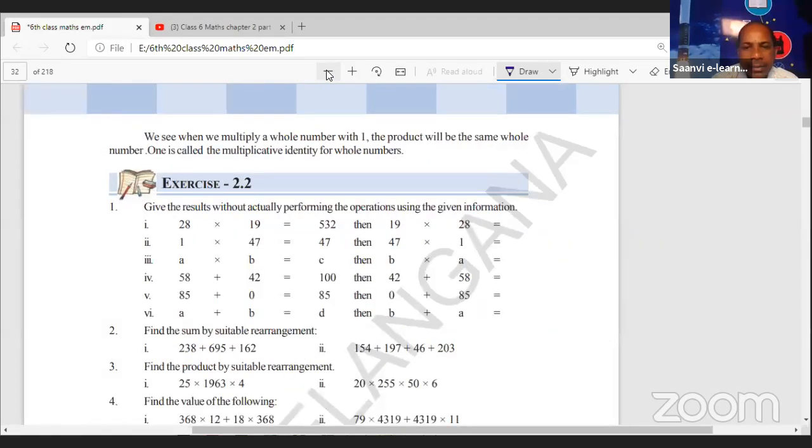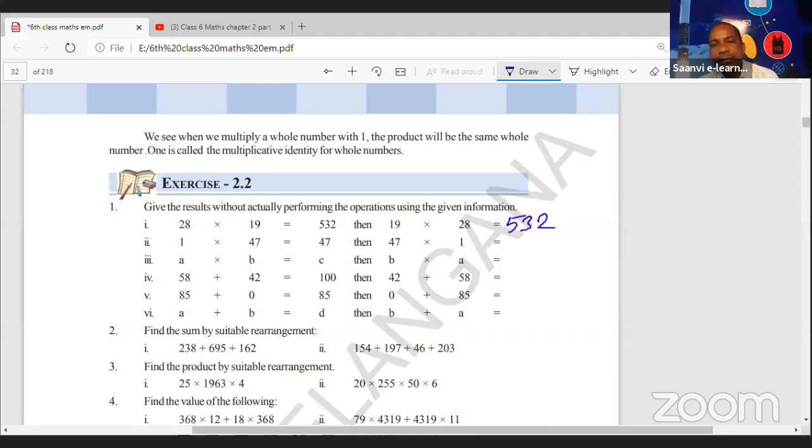See here, the first one is without multiplication; we have to say the answer. 28 into 19, he said, is 532. In the same way, 19 into 28, how much? We get the same result, 532.